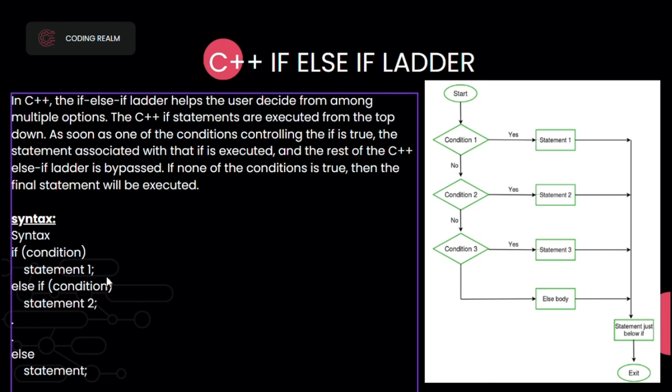If that condition is true, it is executed. If it's not true, I go to a new else if, and I finish it with an else statement. We will show the if-else-if ladder in other videos when I need to solve problems.